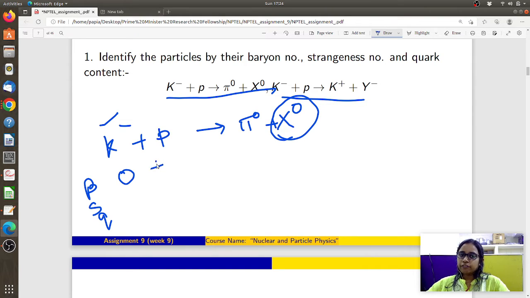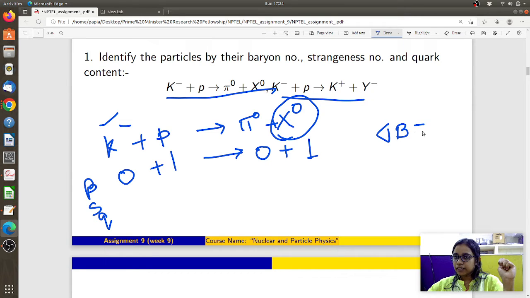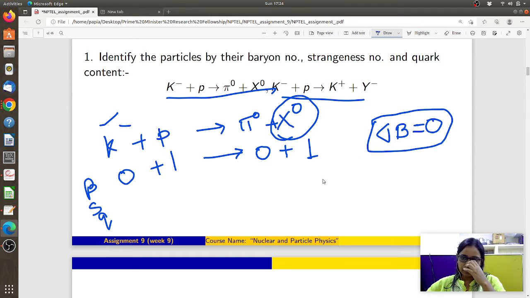For P it is 1 because the proton is a baryon itself, and pi 0 is not a baryon. If baryon number is conserved, x0 must be a baryon, because only then is delta B equal to 0, meaning baryon number is conserved in our interaction. So for x0 the baryon number will be 1.